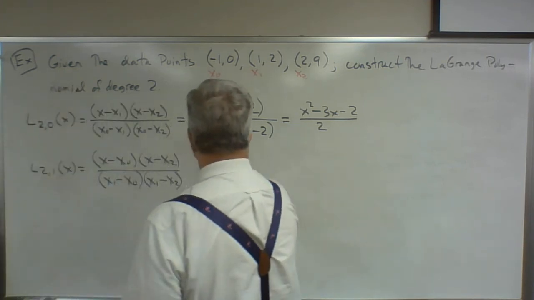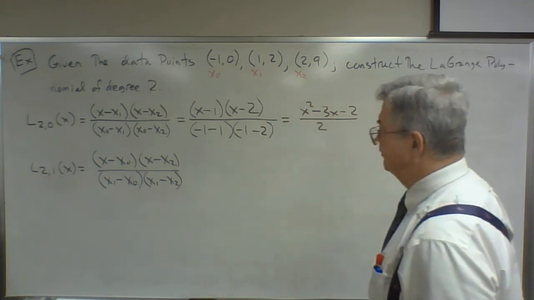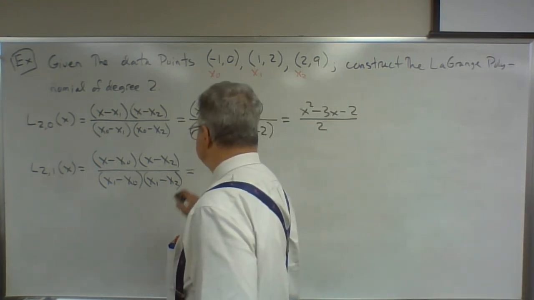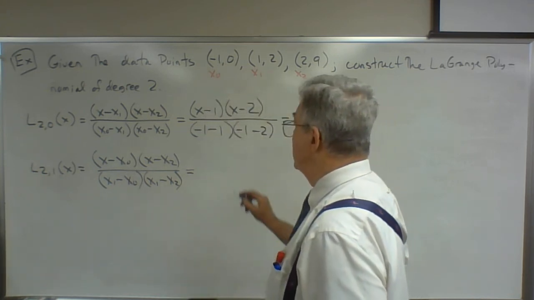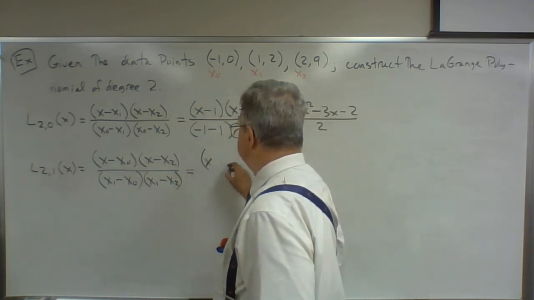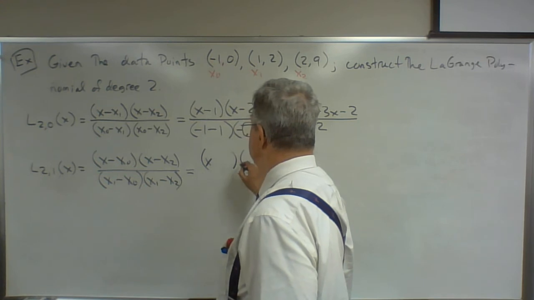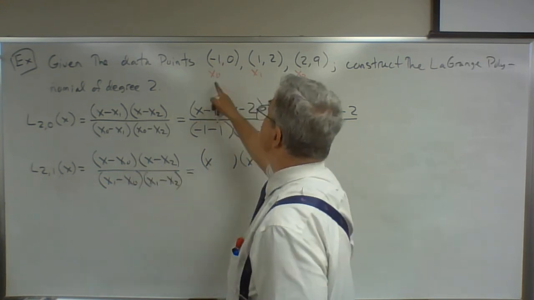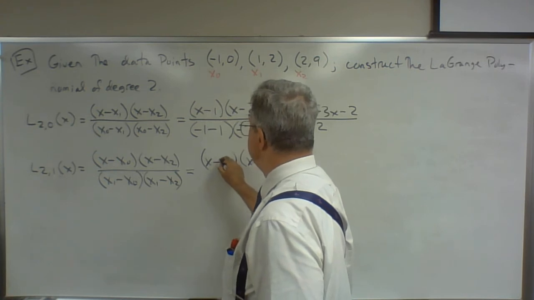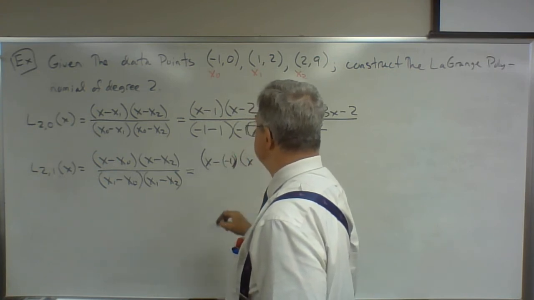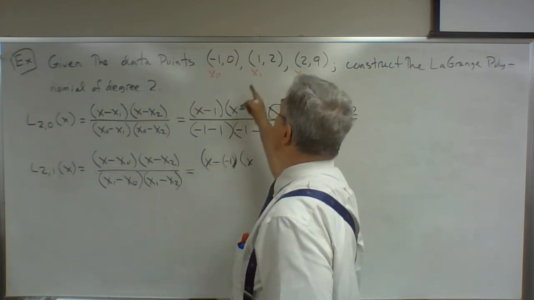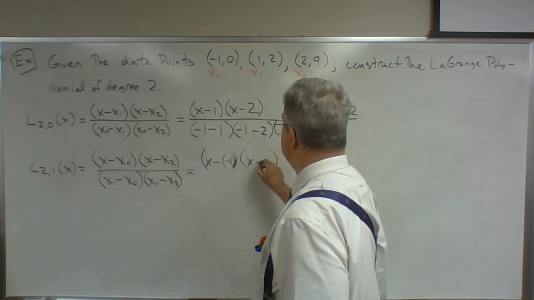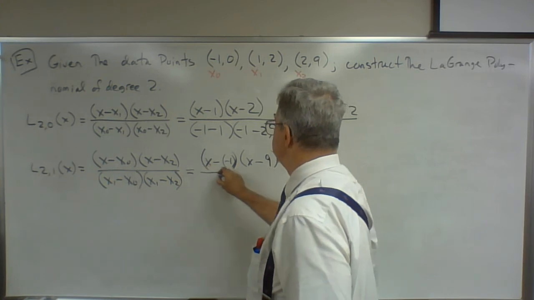Okay, everybody, let's fill in the blanks. You have x minus something, x minus something. Let's see. x0 is negative 1. So x minus a negative 1. And x2 is 9. So x minus 9 up top.